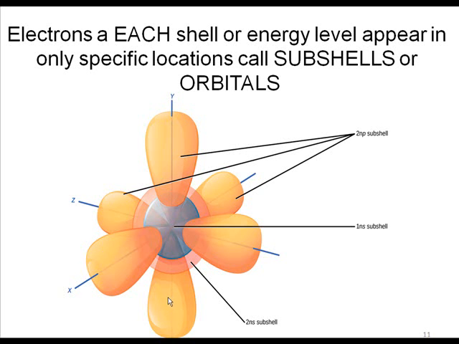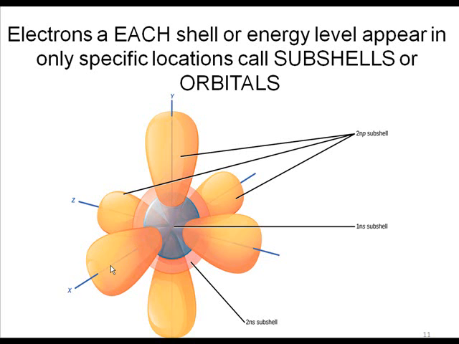Can this electron down here skip over to the z one? No. This electron is committed to the p orbital in the y. And of course you have the electrons appearing in the x.